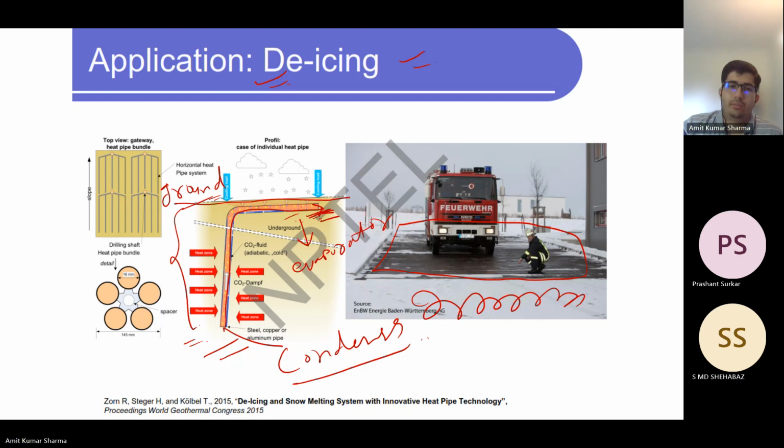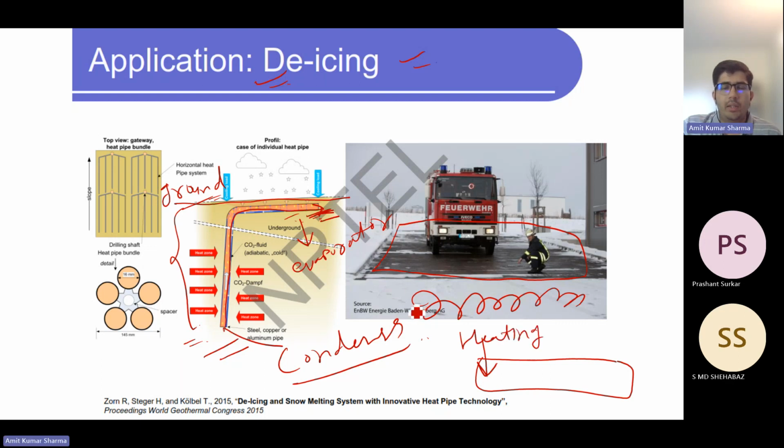Okay. Yeah, this is a very good question. I am giving you again 2 minutes to think about it. Like this is the heat pipe, okay? At the one end, we are doing heating, and on the other side, we are doing cooling. And there is a medium fluid.